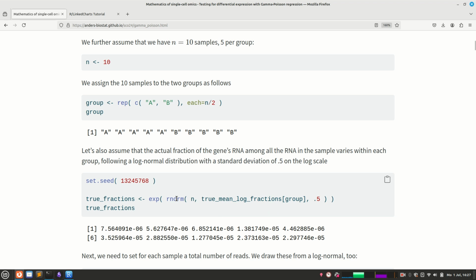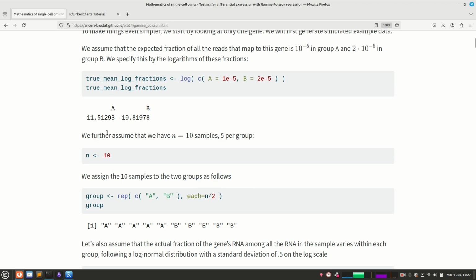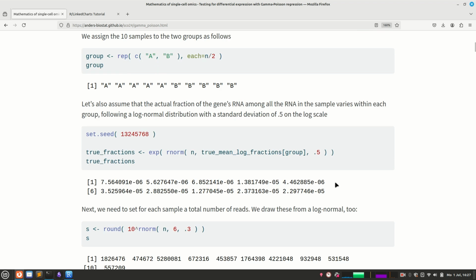And in order to do this, I take a normal distribution around this true log mean fraction, this value or that value, and I've chosen a standard deviation of 0.5, which if you go back through the exponential is maybe a fold change of up or down, twofold, threefold.